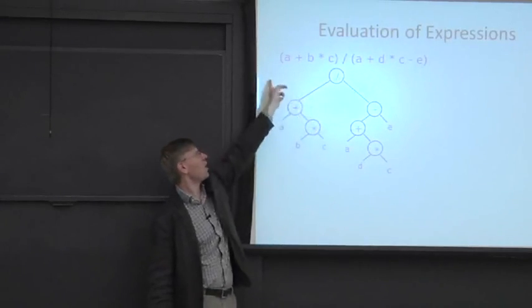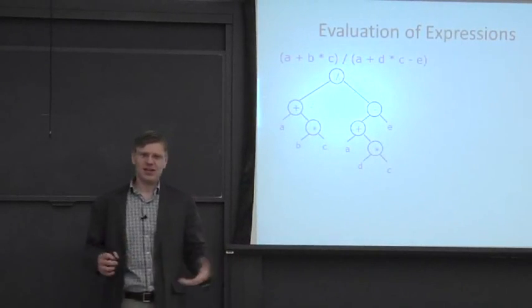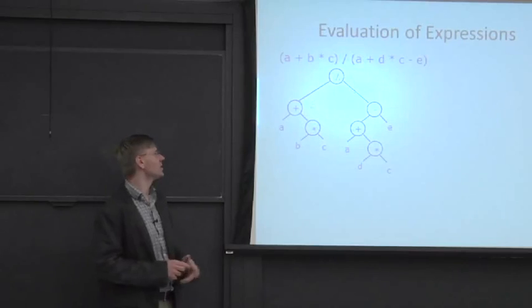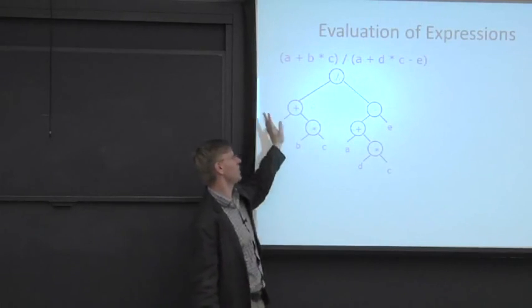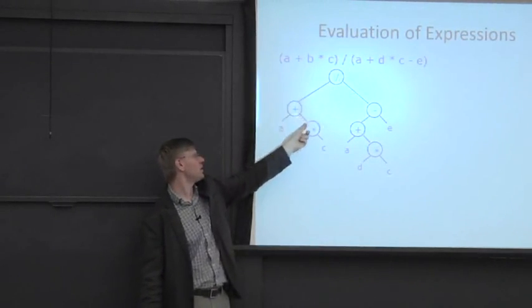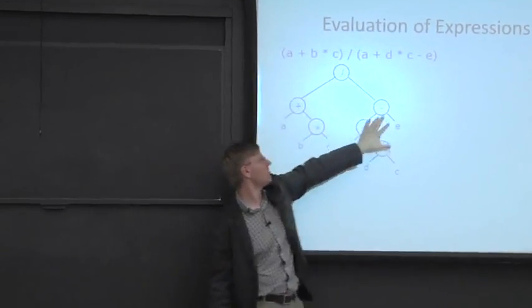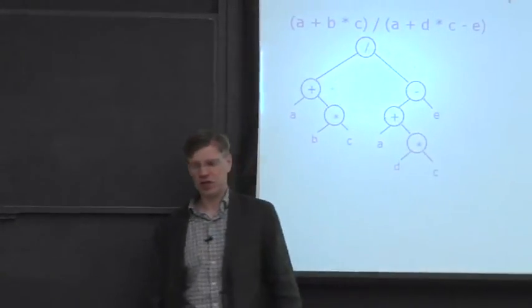Here we break this down into a parse tree, and you can see this is preserving order of operations. We have a plus this subquantity of b times c. You take all of this and divide it by this sub-expression here.